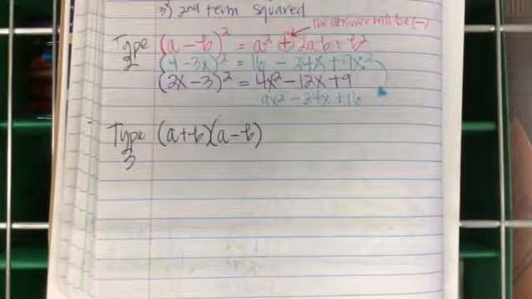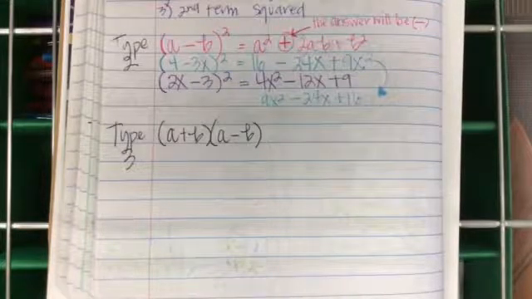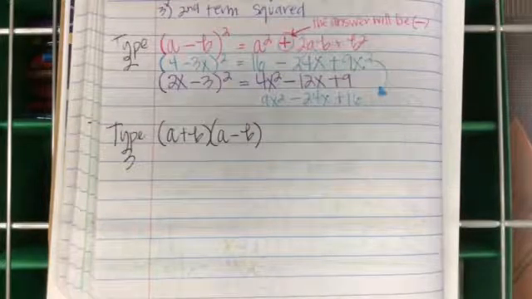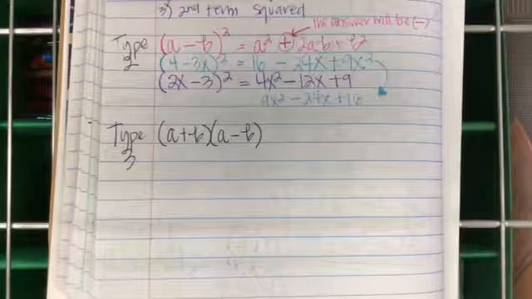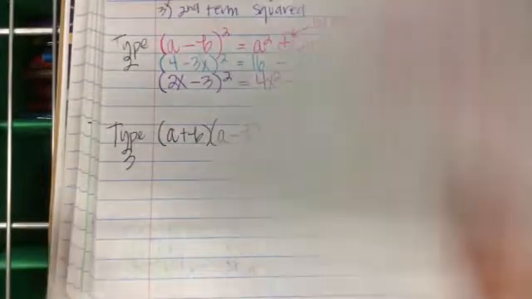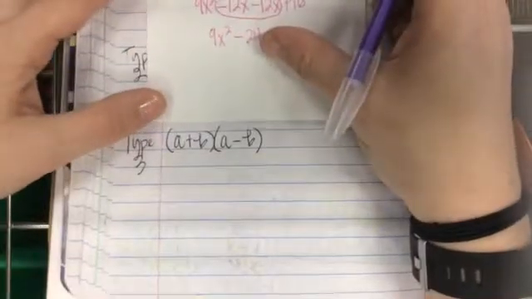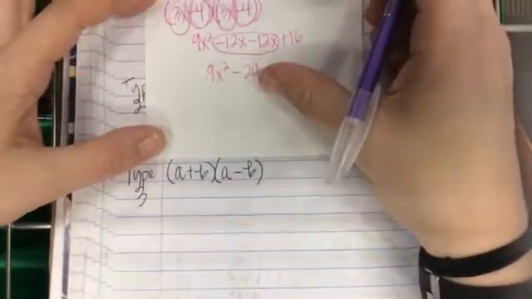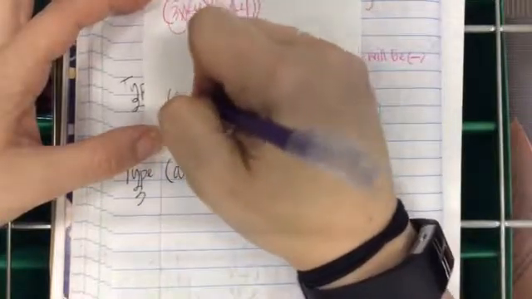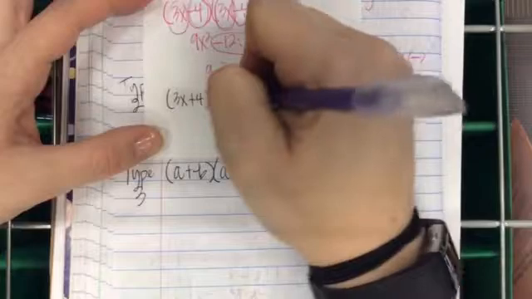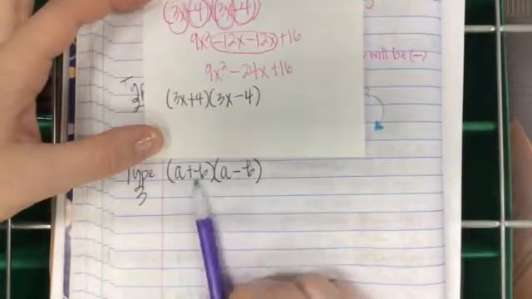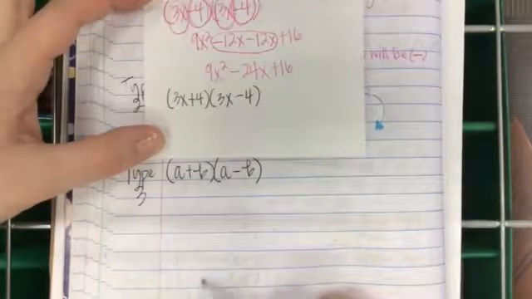This is not a squared problem. This is a plus b times a minus b. What's the difference here? Come on. One of them is a negative and one of them is a positive. One's a plus and one's a minus.